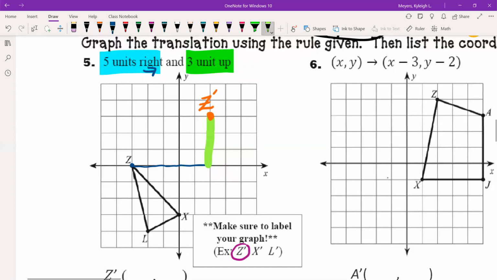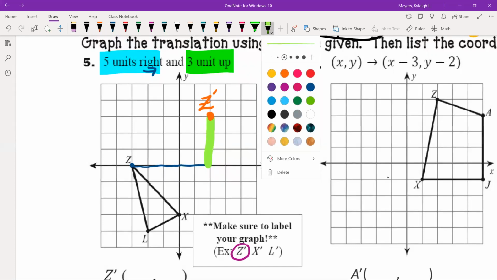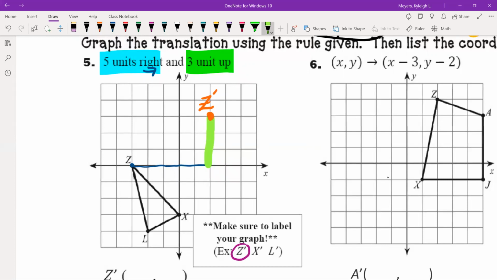So we go to the right 5. 1, 2, 3, 4, 5. And I'm going up 3. 1, 2, 3. And now this is my L. This is my new L. Make sure you put an apostrophe. Good gracious.